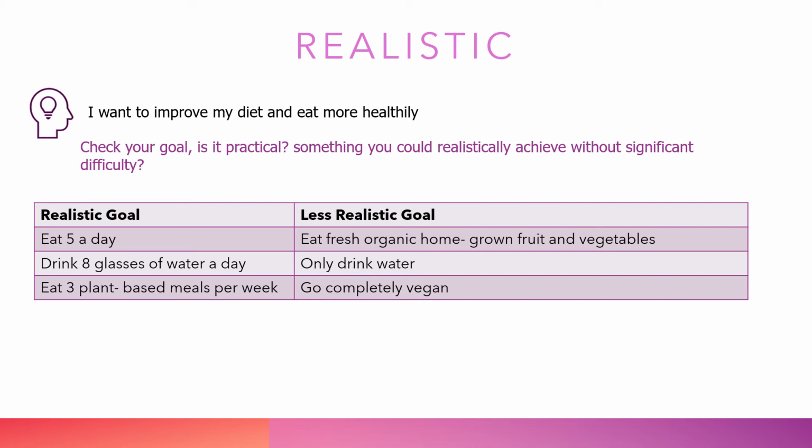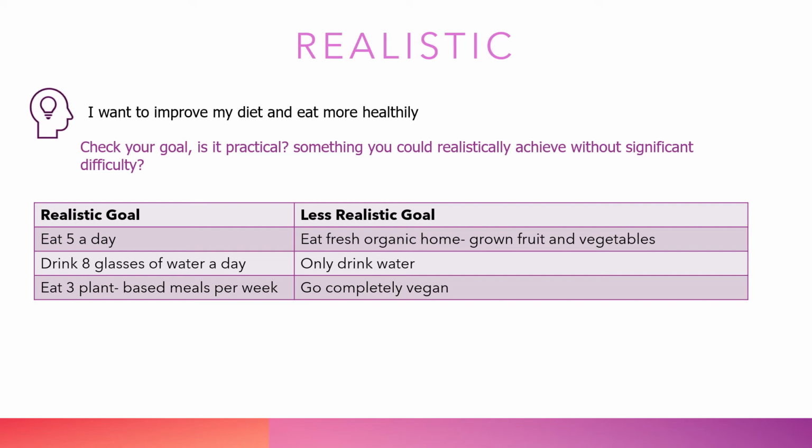Can we consider not just fresh fruit and vegetables, but frozen fruit and vegetables, juices, soups, things like that? We're thinking about all aspects of how we can incorporate that into our daily living and how we can make that really practical and achievable for us. So that's something to think of. Is this going to be inhibitive? Is it going to be expensive? Is this something that we can actually do in reality?